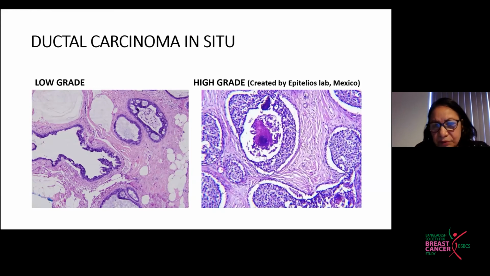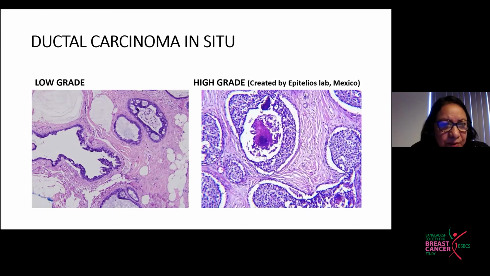The right side of this photo shows the high grade tumor. It's a comedo type DCIS having an area of necrosis within the center of the lesion. It's the high grade lesion. High grade DCIS usually indicates a more sinister type of breast cancer. It has more propensity to involve the regional lymph nodes.